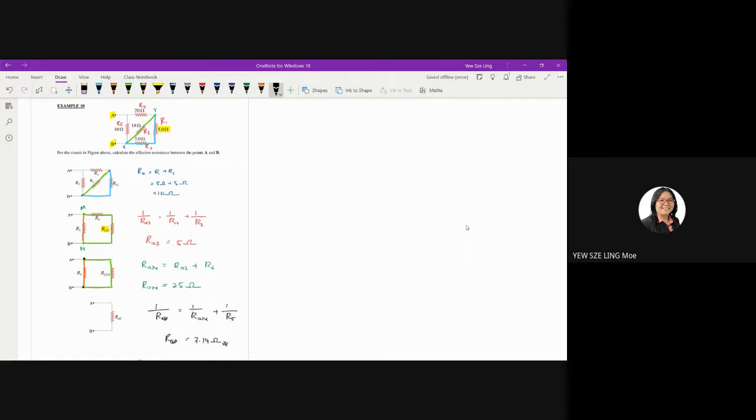The way you simplify the circuit, the way you change the variables, and the ways you manipulate the resistance and the capacitance are all very similar. So if you can understand chapter 2, then it shouldn't be an issue for you to understand chapter 3. Or if you can understand chapter 3, then you should also understand chapter 2 because they are very similar.